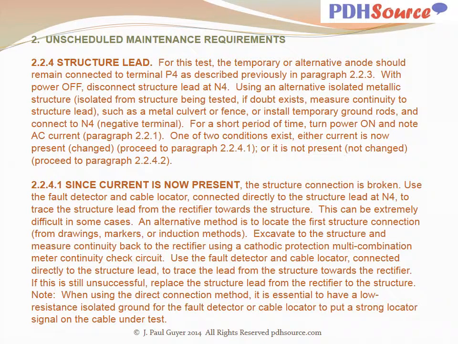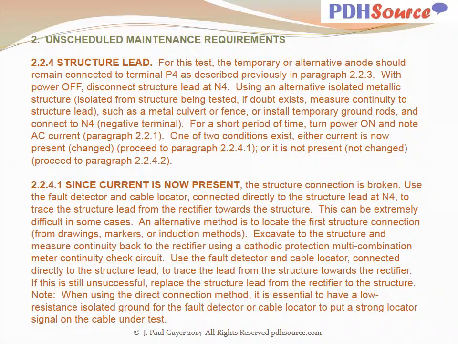With regard to the structure lead, for this test, the temporary or alternative anodes should remain connected to terminal P4 as described previously in paragraph 223. With power off, disconnect the structure lead at N4. Using an alternative isolated metallic structure, isolated from the structure being tested, if doubt exists, measure continuity to the structure lead, such as a metal culvert or fence, or install temporary ground rods and connect to N4, the negative terminal.